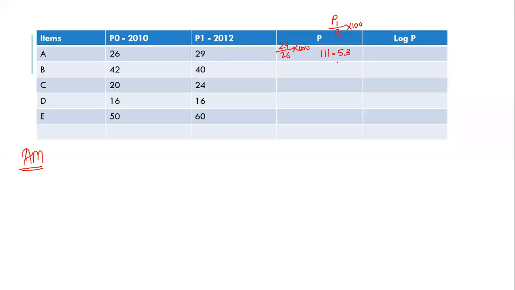Okay, second one, 95.23. Okay, 120. Good. 100. Okay, and the last one, 120.